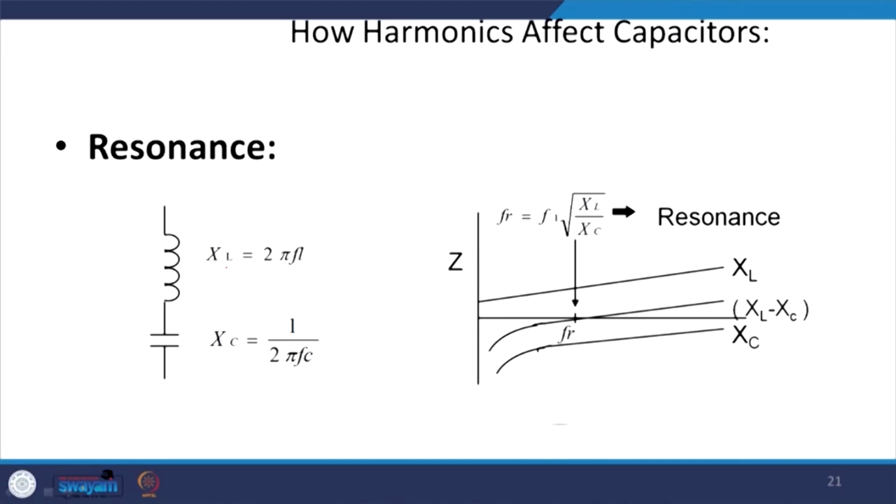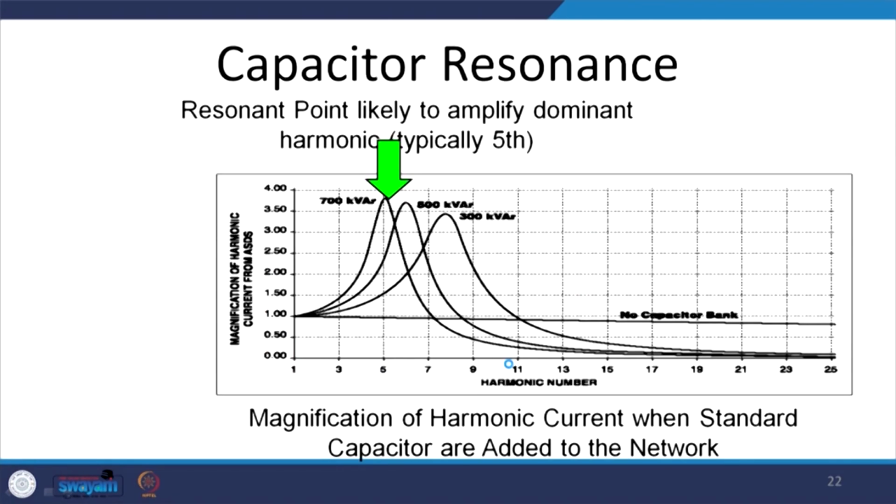So, for this reason we know what harmonics are ultimately. For the series circuit it is XL and XC. So, this will be the natural frequency of oscillations when XL equals XC, and that particular frequency should not be very close to either the 5th or 7th harmonic. So, for this reason there is capacitor resonance, a magnification of the harmonic current when a standard capacitor is added into the network.